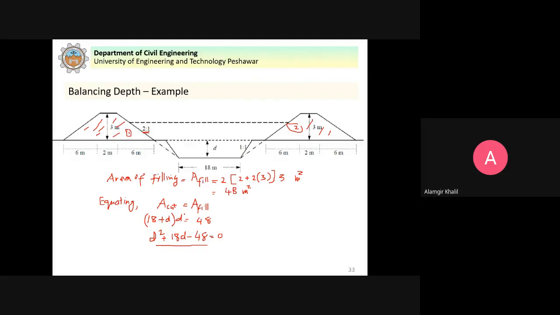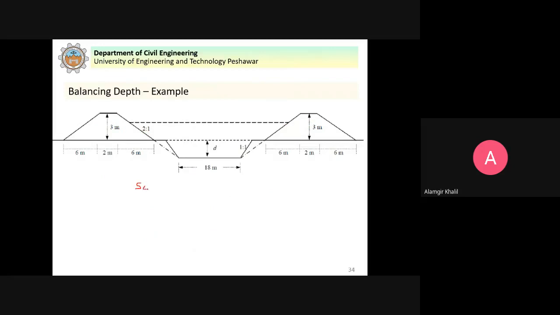Solving either by quadratic formula or by equation solver, we will get two roots for the depth D. One root is positive, that is 2.357 meter, and the second root is negative, minus 20.357.